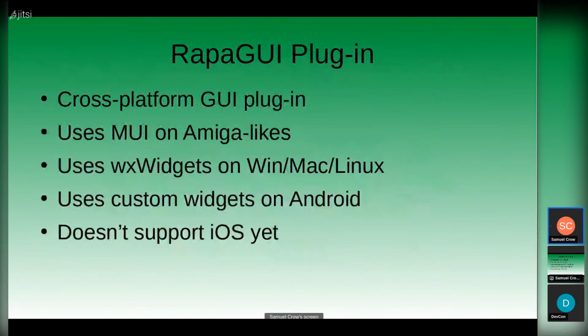To give a little background of RappaGUI, it's the cross-platform GUI plugin for Hollywood. It's based on MUI on the Amiga and wxWidgets on the mainstream OSs. It's got a cut-down mobile version for Android, but iOS requires its own proprietary GUI file format used by Apple's own GUI builder.